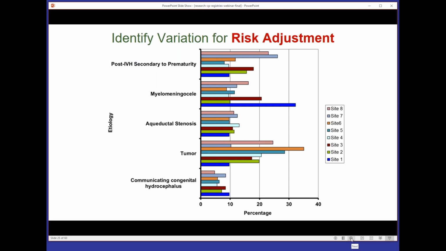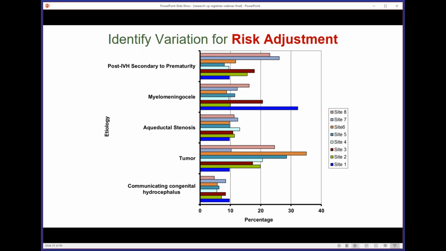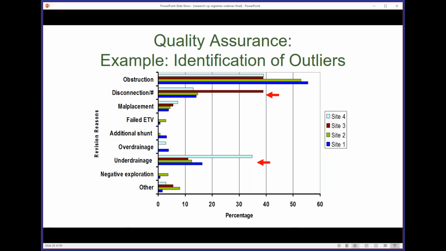Therefore, when we're doing these studies, we have to risk adjust, and we know exactly the case mix, which has stayed the same once we hit equipoise in the registry. So now we can risk adjust per site, or per etiology if needed. Those are just examples.